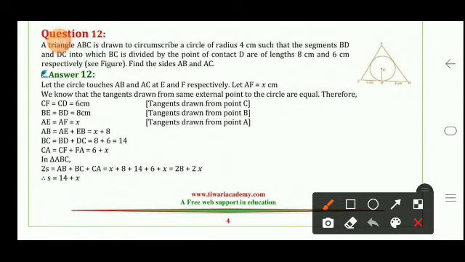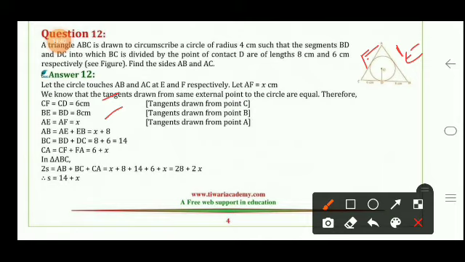Let the circle touch AB and AC at points E and F respectively, such that AF we are taking as x. Now we know that tangents drawn from an external point are equal, so CF is equal to CD, which is equal to 6 centimeters. BE is equal to BD, which is equal to 8 centimeters.